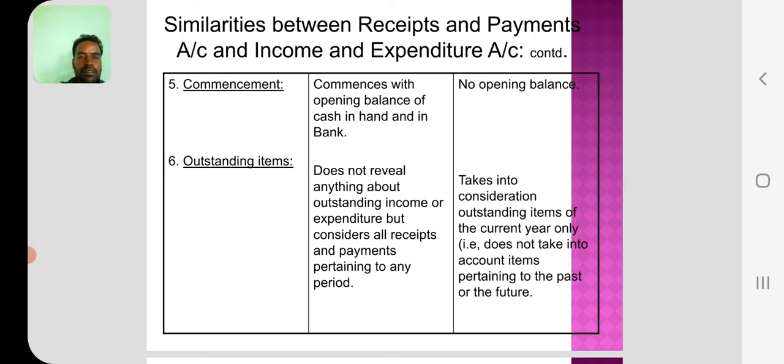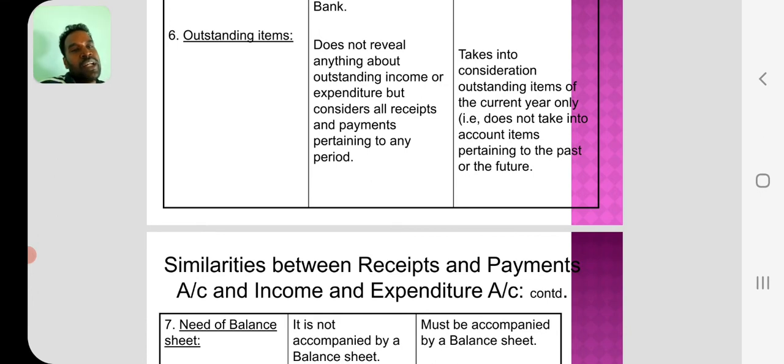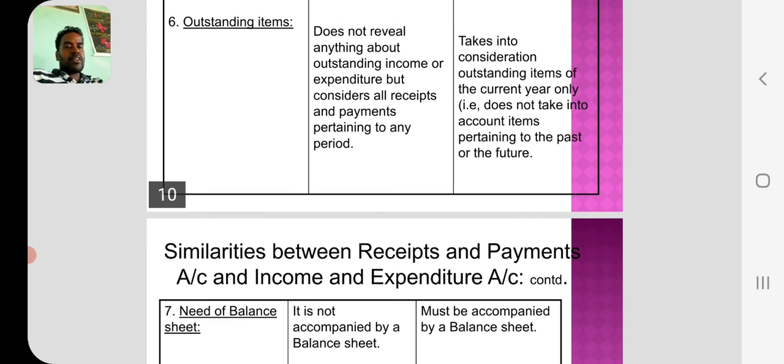Receipts and payments account starts with opening balances of cash and bank, whereas in income and expenditure there are no opening balances to start preparing the account. Outstanding items: receipts and payments does not reveal anything about outstanding income or expenditure but considers only receipts and payments pertaining to any period, irrespective of the year.